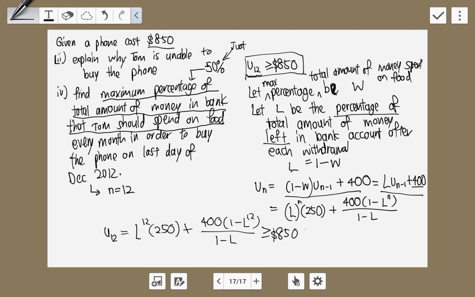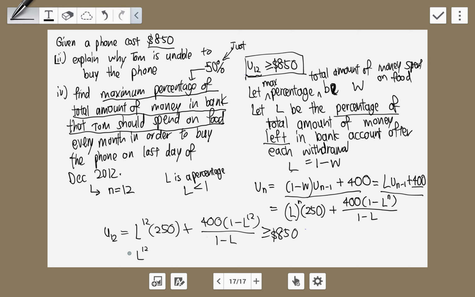Since L is a percentage, L must be less than or equal to 1. Definitely less than 1, because you need to withdraw some money for food. So I let it be less than 1. In order to solve this inequality, the first thing I will do is divide everything by 50 so that it is a smaller number.